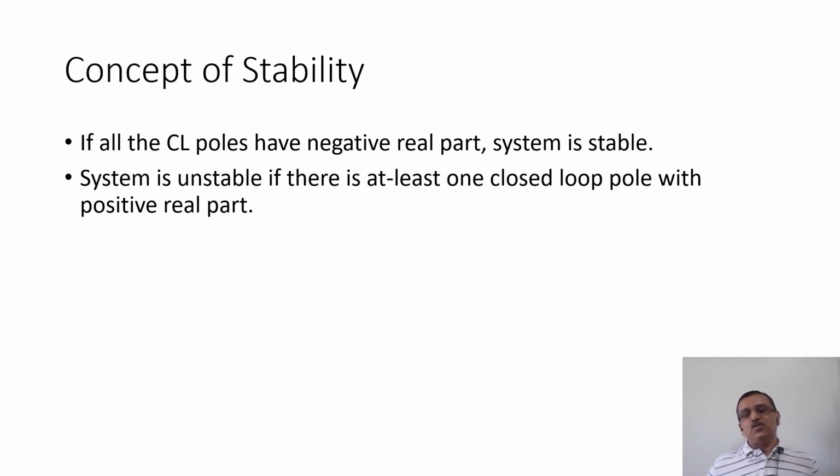And this could be put in another way. The system is unstable if there is at least one closed loop pole with positive real part. You have a 10th order system, all 9 poles have negative real part, and one pole has positive real part, then the system is unstable.